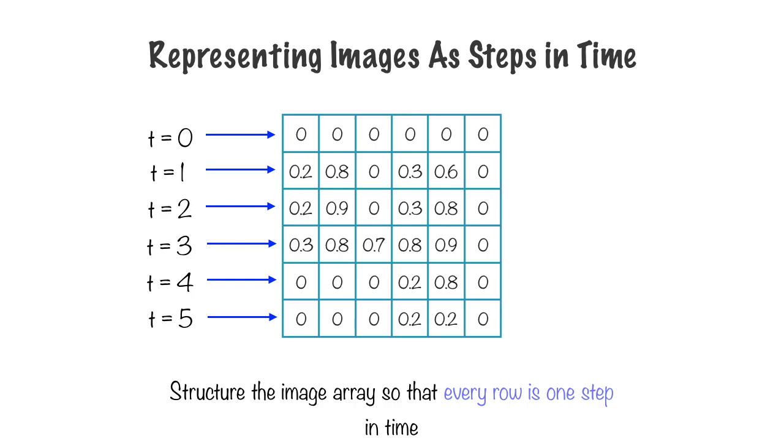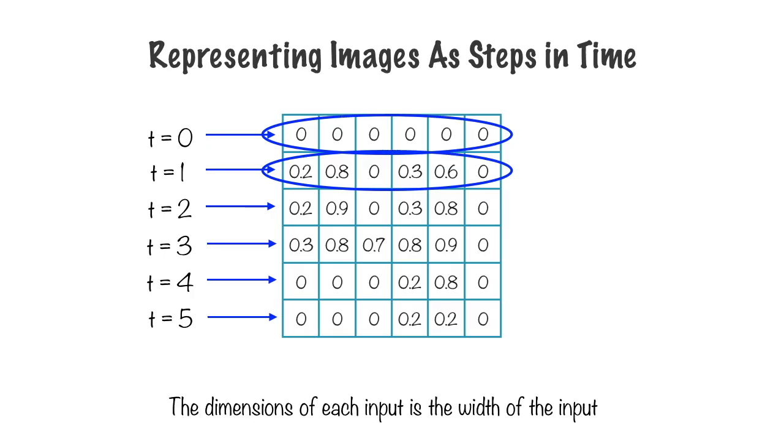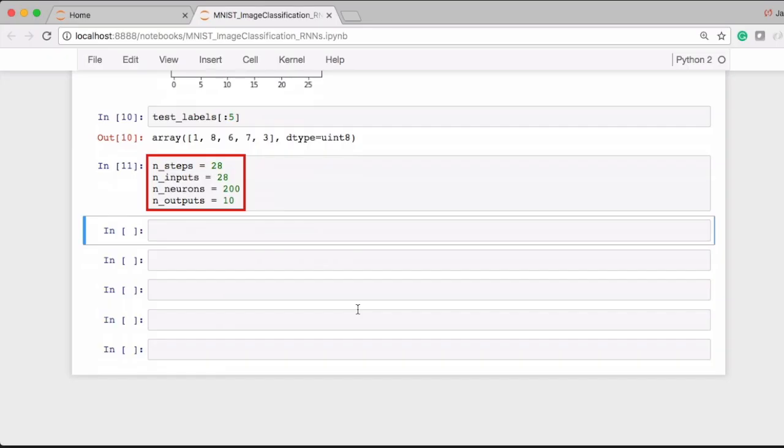Our RNN will be unrolled to 28 layers, which is why n_steps was initialized to 28 when we saw the code. The n_inputs is the dimensionality or the vector size of one input instance. Because the width of our image is 28 pixels, the dimension of each input is the width of our image. The parameters that we set up in code earlier, where n_steps is 28 and n_inputs is 28, should make much more sense now.